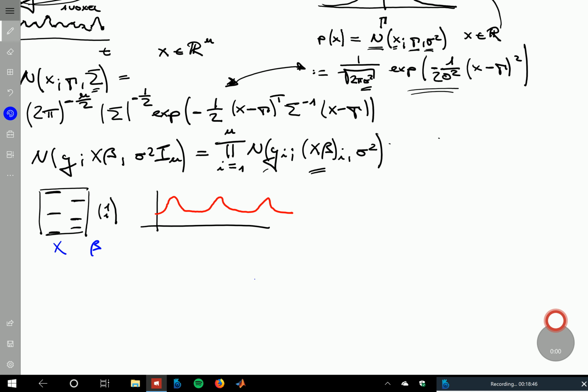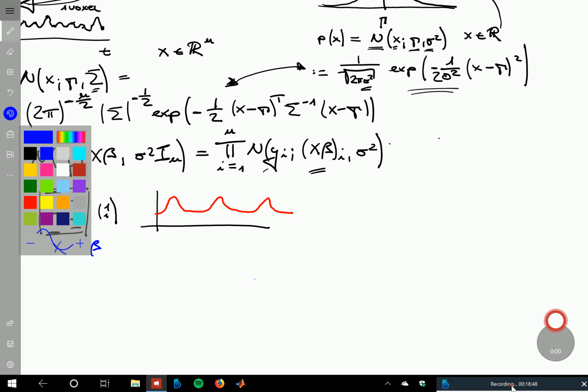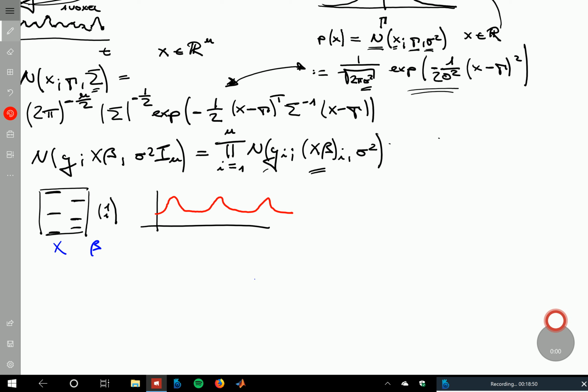So if this red thing is our X beta, remember X beta is a vector, you can also call that mu, and it has entries mu_i, which, now that I connected all of them, you can also view as these dots here.